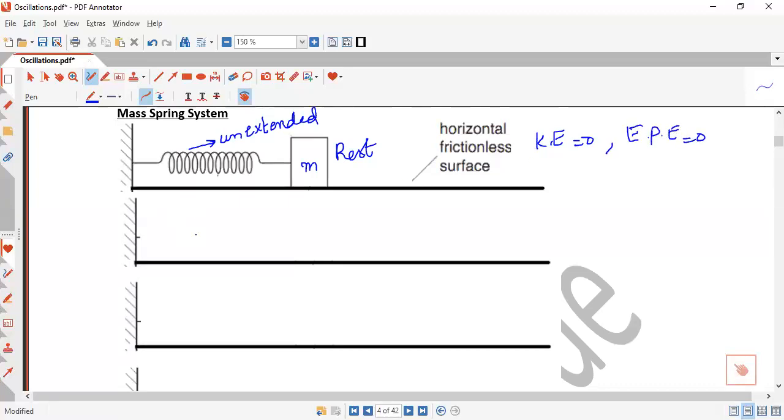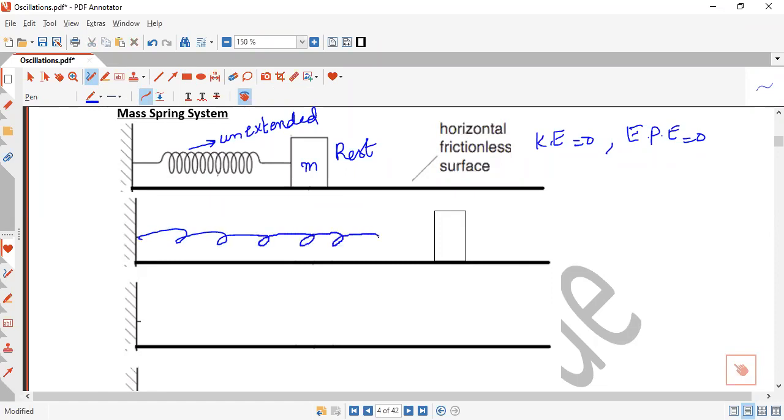And if we talk about displacing this mass and bringing it to that position, or a little further, like let's say here, right? So what will be happening to the spring? The spring will be stretched.